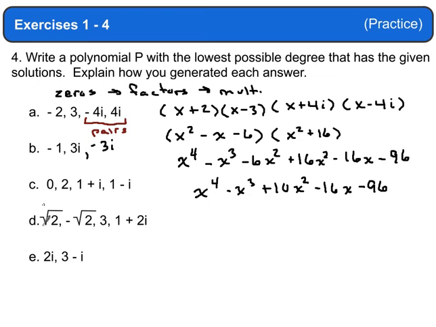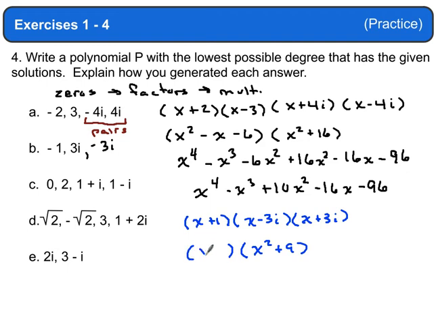So if we solve part B, the factors would be x plus 1, and then x minus 3i, and then x plus 3i. These two are conjugate pairs. They're also going to be a sum of squares when we multiply them, so we'll do those first. That's going to give us x squared plus 9.